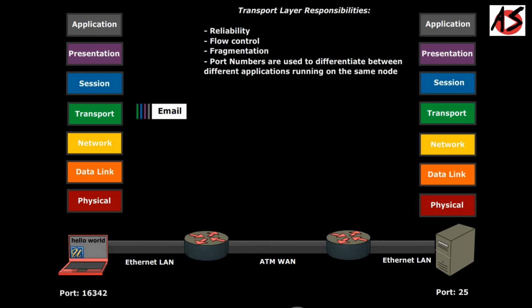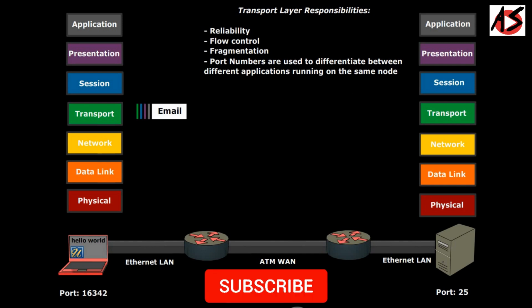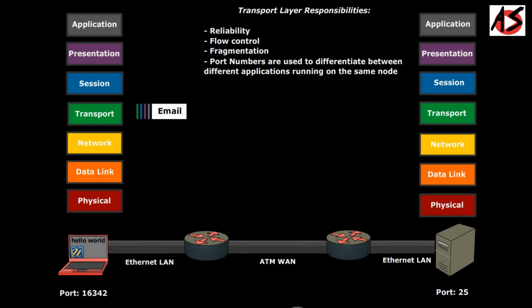The data now goes to the next layer called the transport layer. The transport layer gives reliability in the communication, flow control for avoiding congestion, and fragmentation of data. There are many applications running in our computer.